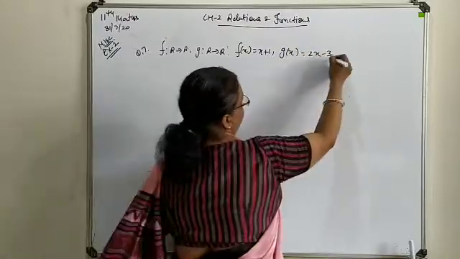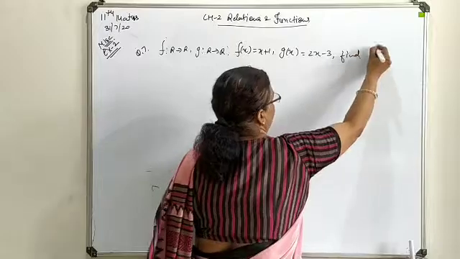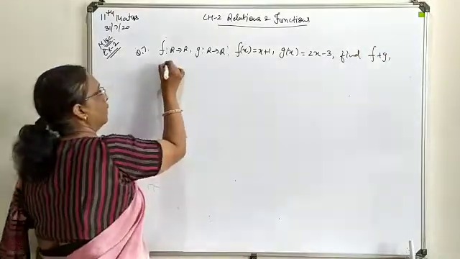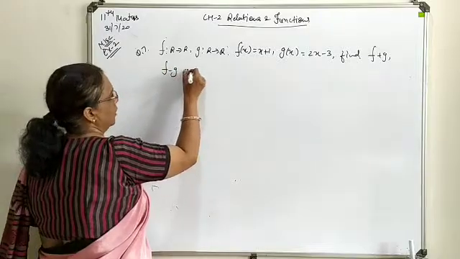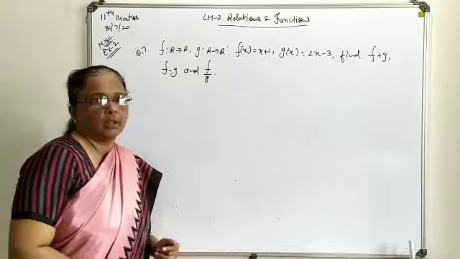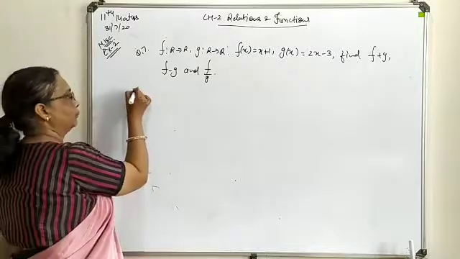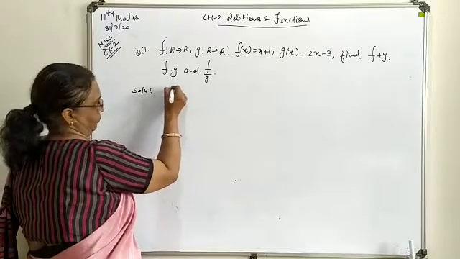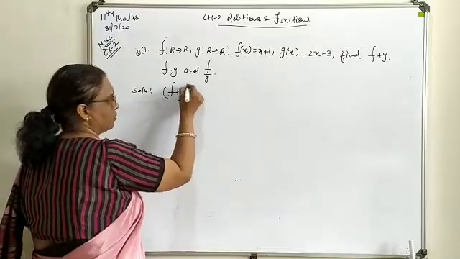So here we have to find f plus g, f minus g and f upon g. First we move towards f plus g. It is a normal addition.